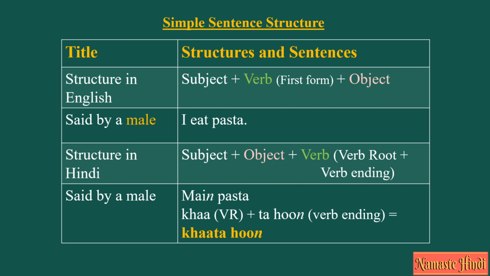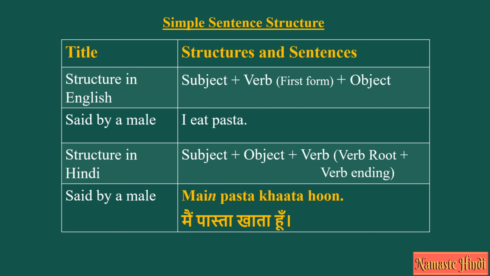In this case, where it's said by a male, it would be मैं pasta खा, which is a verb root, plus ता हूँ, which is a verb ending for a male, is equal to खाता हूँ. Notice that the TA instead of TI is used here because the subject is male. So the full sentence, I eat pasta, in Hindi would be मैं पास्ता खाता हूँ.